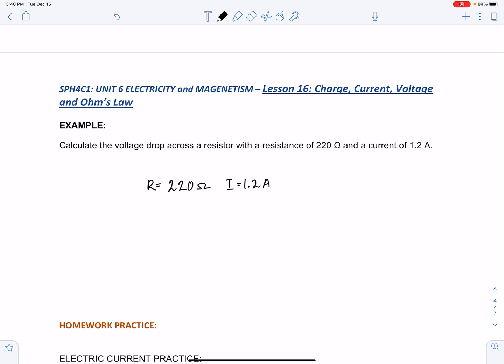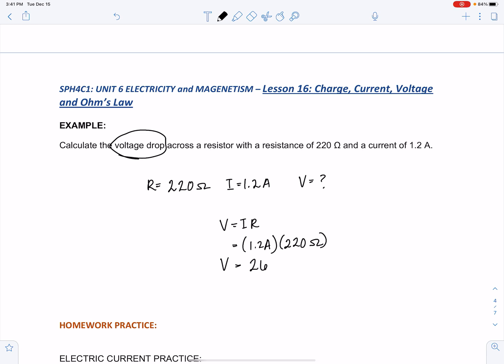And what we want to find is the voltage drop, which is the same thing as the potential difference. So we know from Ohm's law that V is equal to I times R. So that's 1.2 amps times 220 ohms. If you punch this into your calculator, you should get a potential difference or a voltage drop of 264 volts.